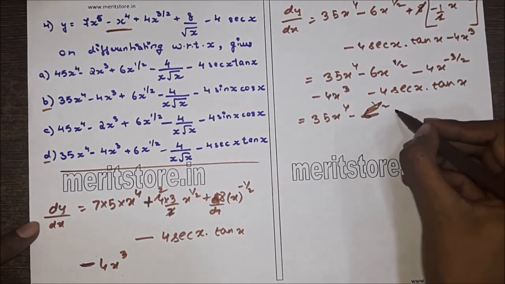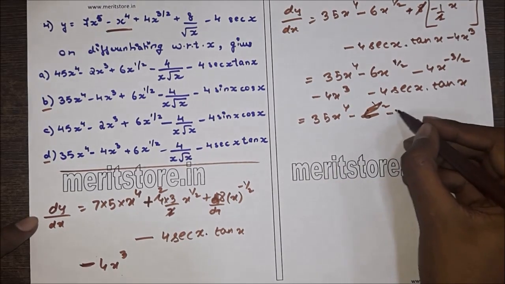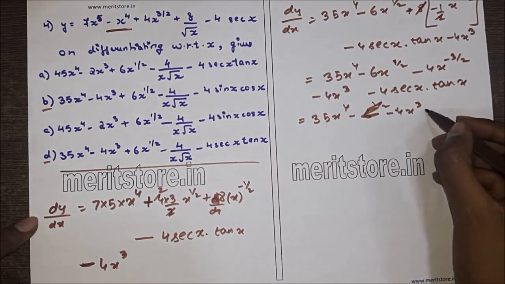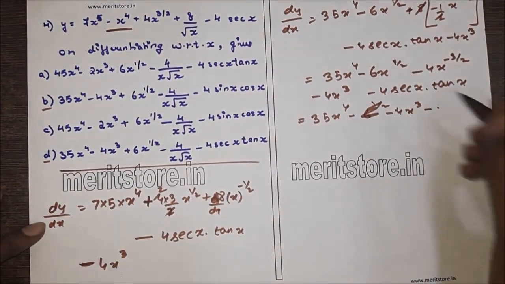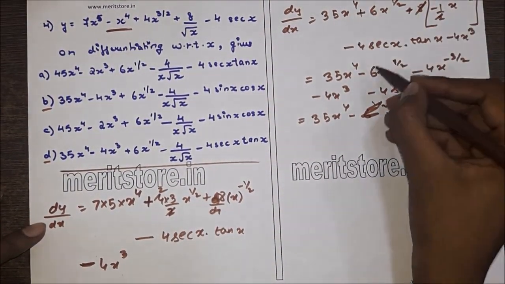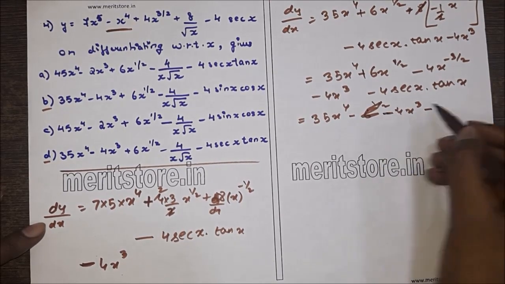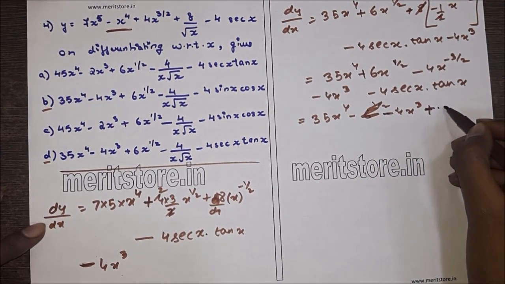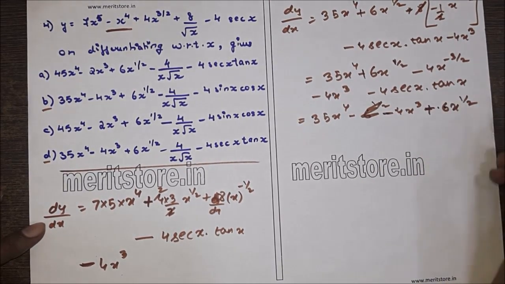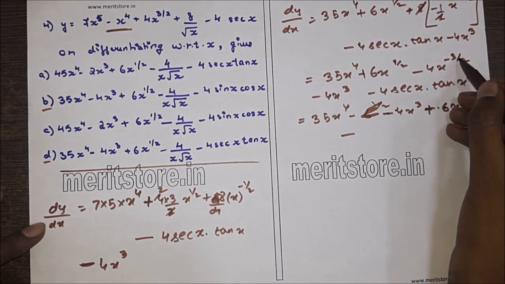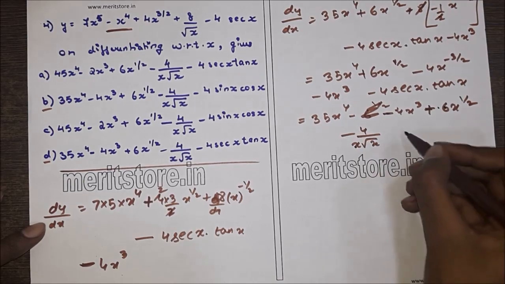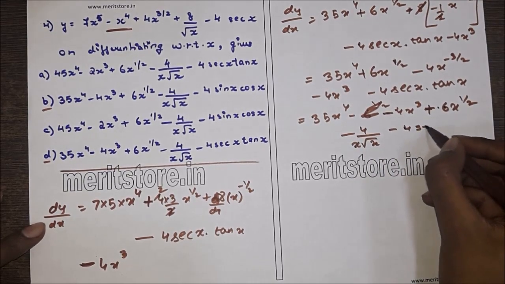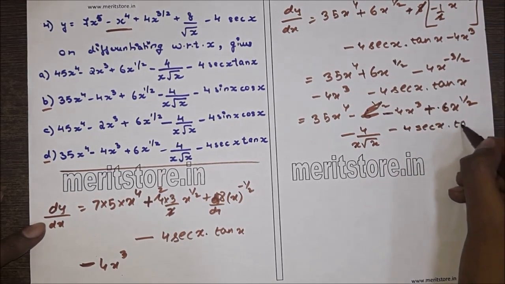So this is 35 x raised to 4 minus 4x cube, this is plus everywhere, so this is plus 6 times x raised to half minus x raised to minus 3 by 2 can be written as 4 by x root x minus 4 sec x tan x.